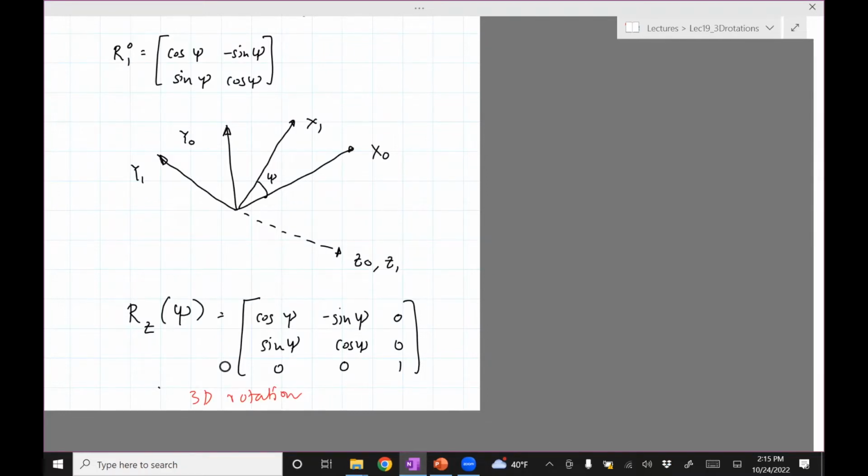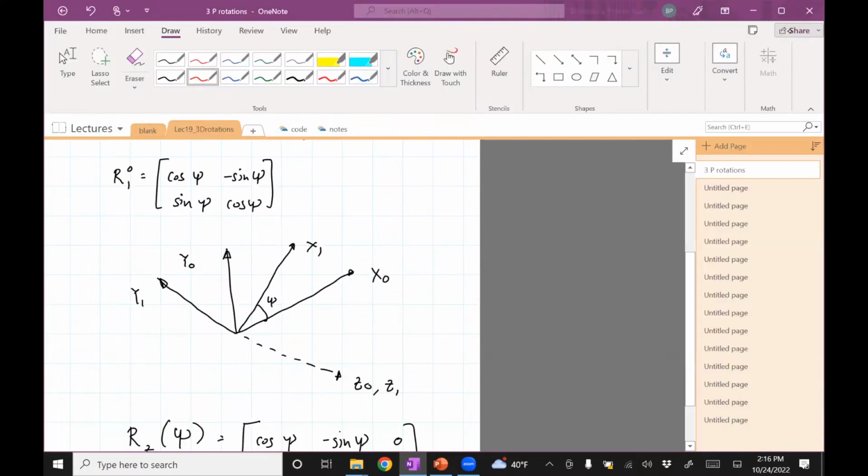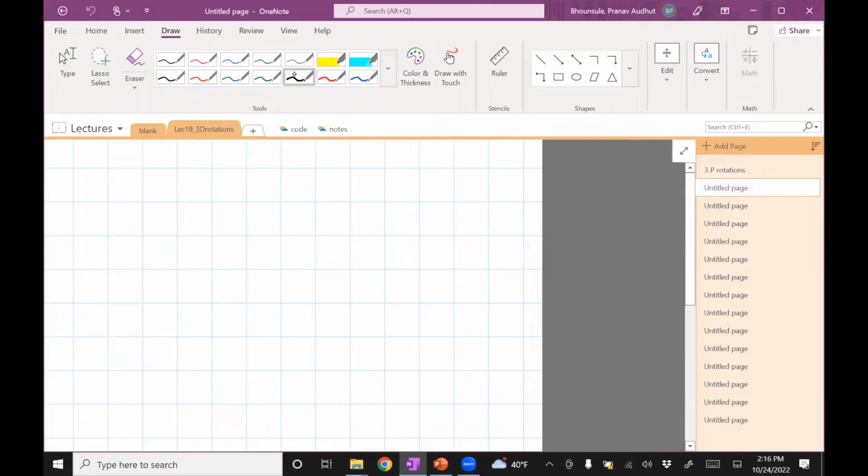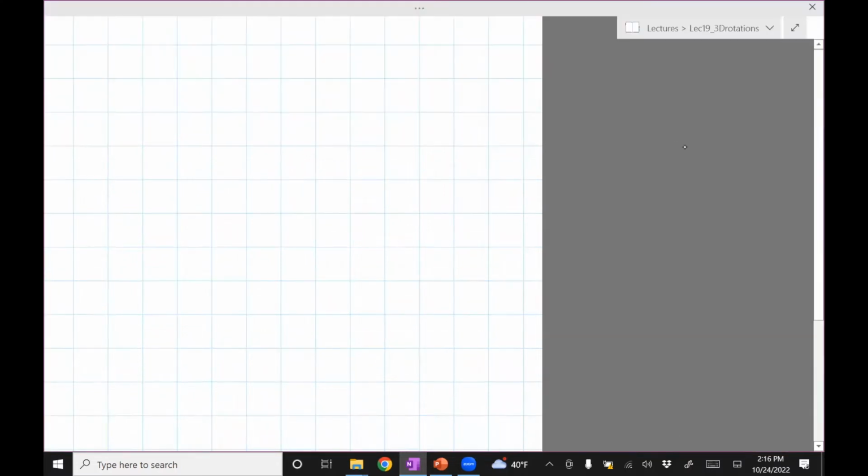We can look at rotations about the x and the y-axis too, and similarly rotate about x0 and y0. I'll write those rotation matrices, but if you want to derive them, the derivation is the same as what I did in the first or second class. So rotations about y and x would be of this form.